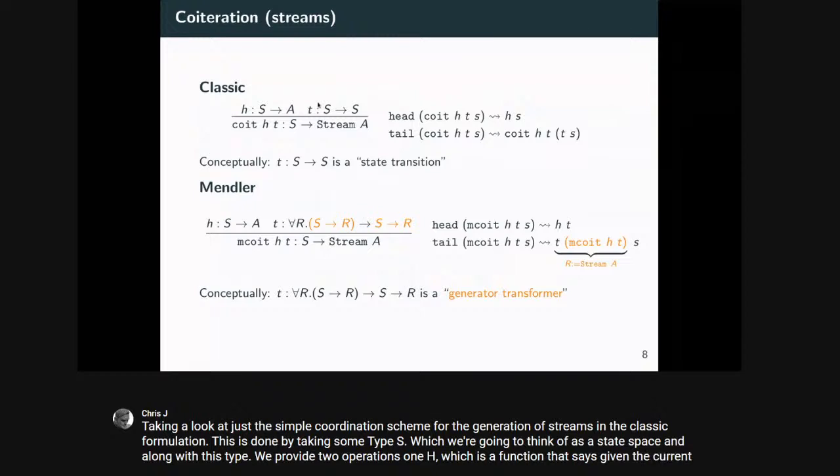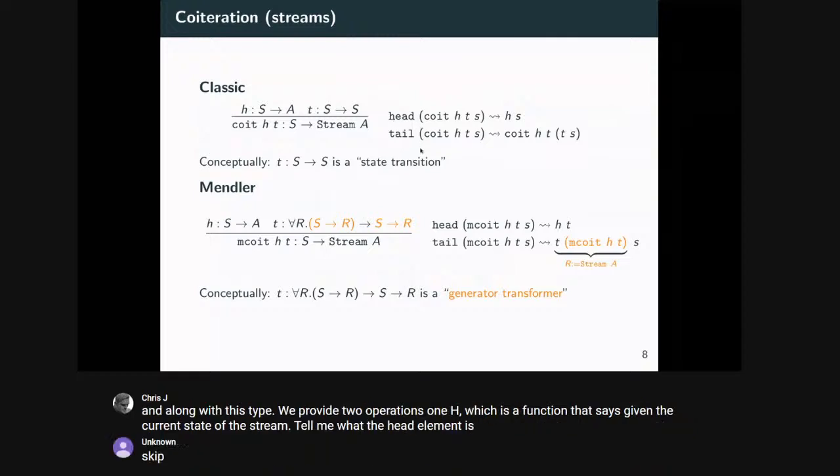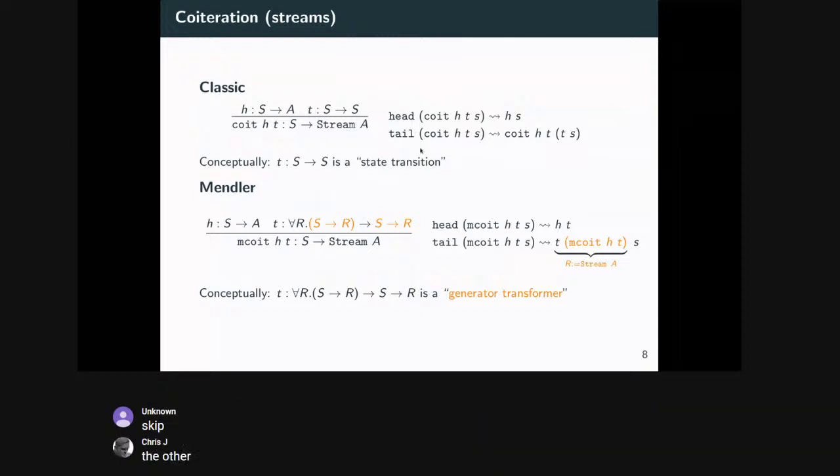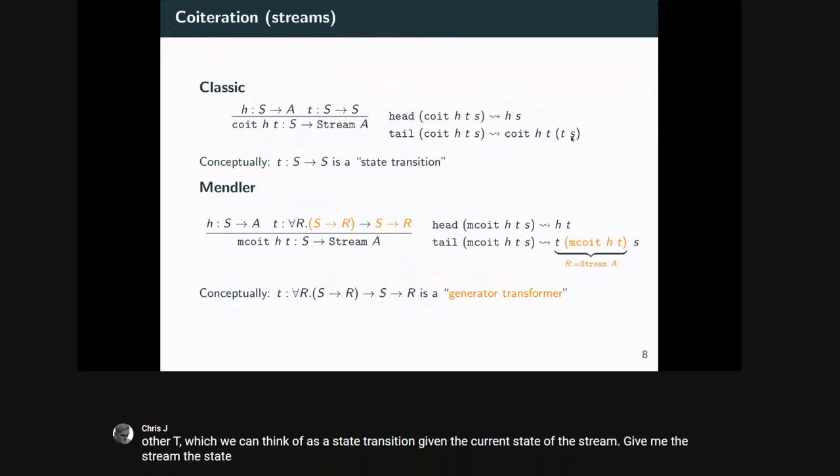Given the current state of the stream, give me the state associated to the tail of the stream. Indeed, looking at the operational semantics, which are here described as saying what the observations are for the stream generated by co-iteration: if we take the tail of the stream generated by classic co-iteration, we find that it's what we get when we take the given state S, take one step with the transition function T, and then generate the stream out of that.